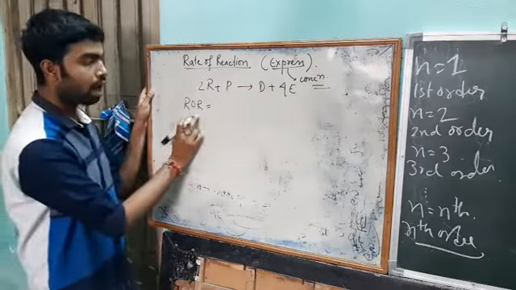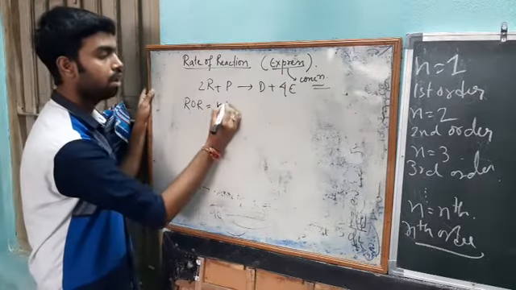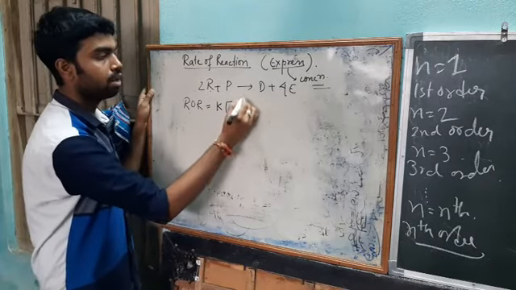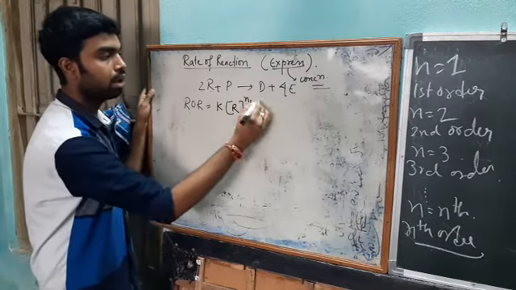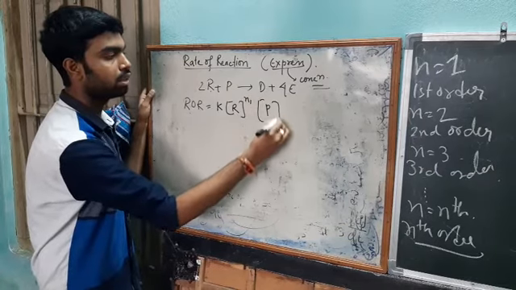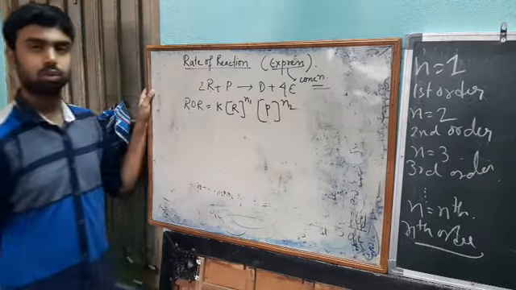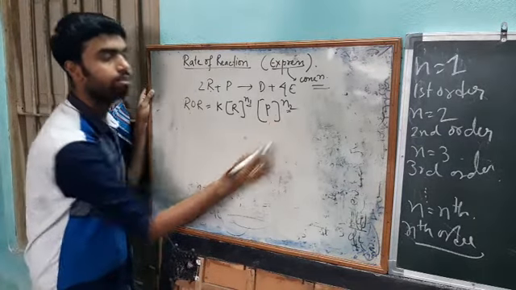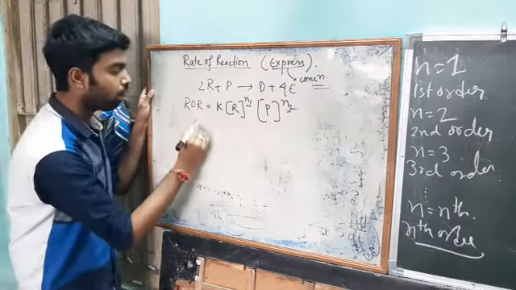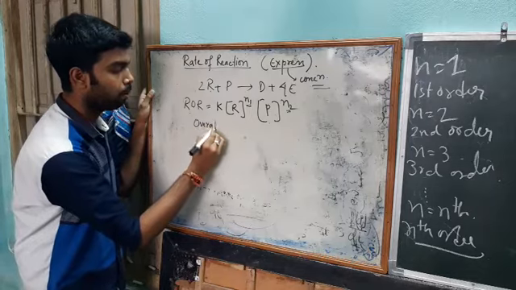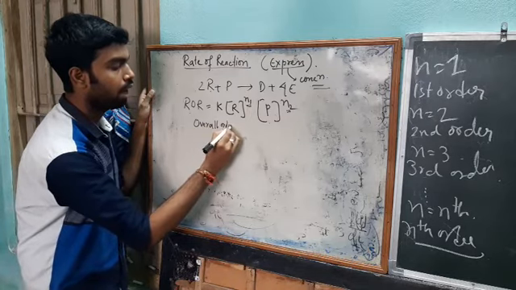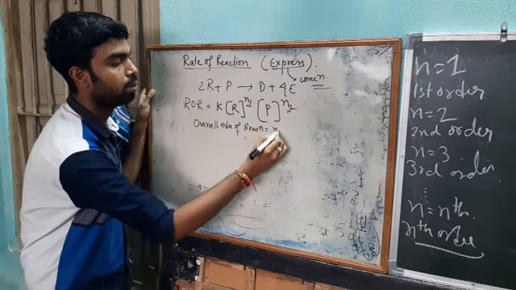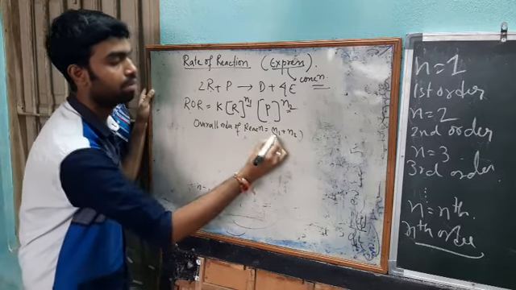So this ROR will also be k into first reactant R raised to the power n1, P concentration raised to the power n2. These two will be the orders of the reaction. Overall order of this reaction will be n1 plus n2.